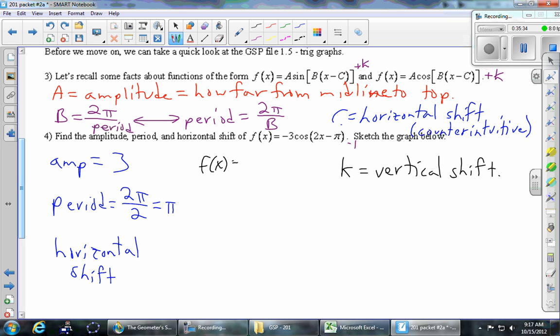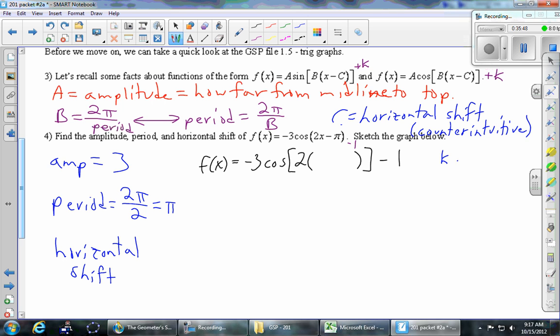F of x equals -3 cosine of, factor 2 outside, and then there's a -1 that I added. So if we factor the 2 out of the first thing, what do we get?